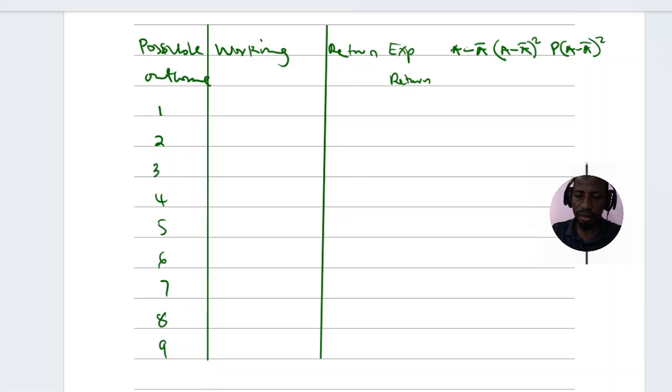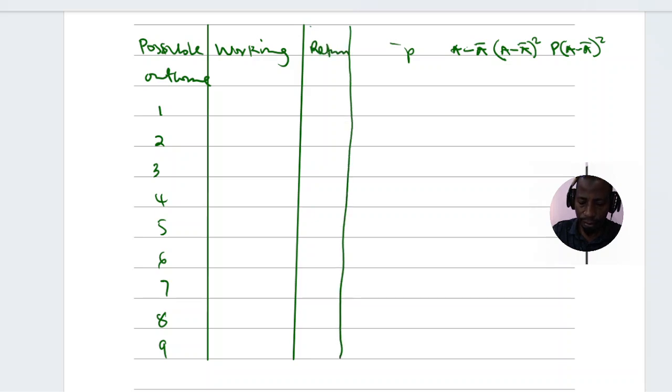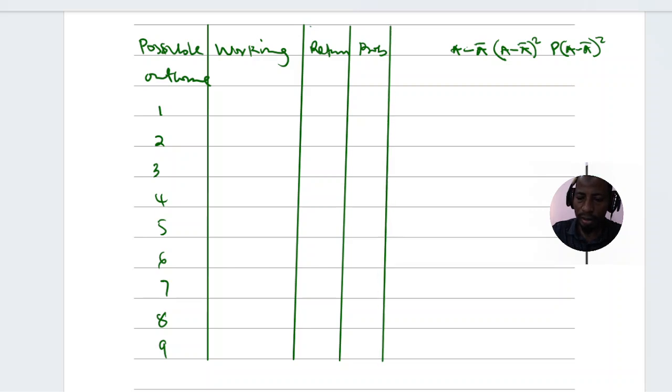Let me reduce this. Okay, so return, probability, then expected return.